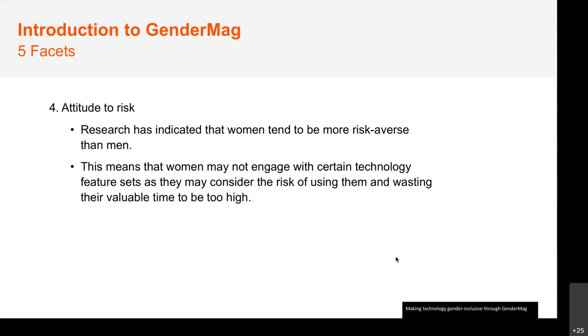So it's really important to also think about that in combination with learning new technology. What is their attitude towards the risk of investing time in learning this new technology?